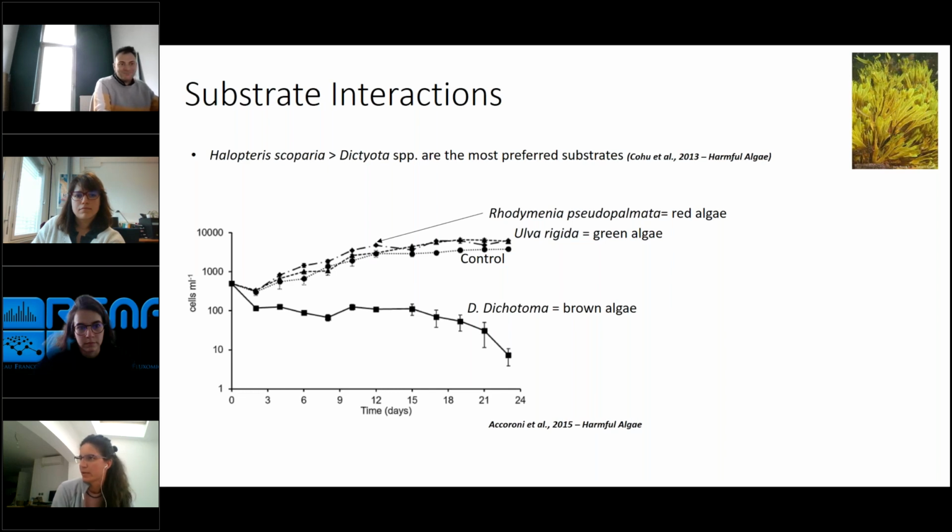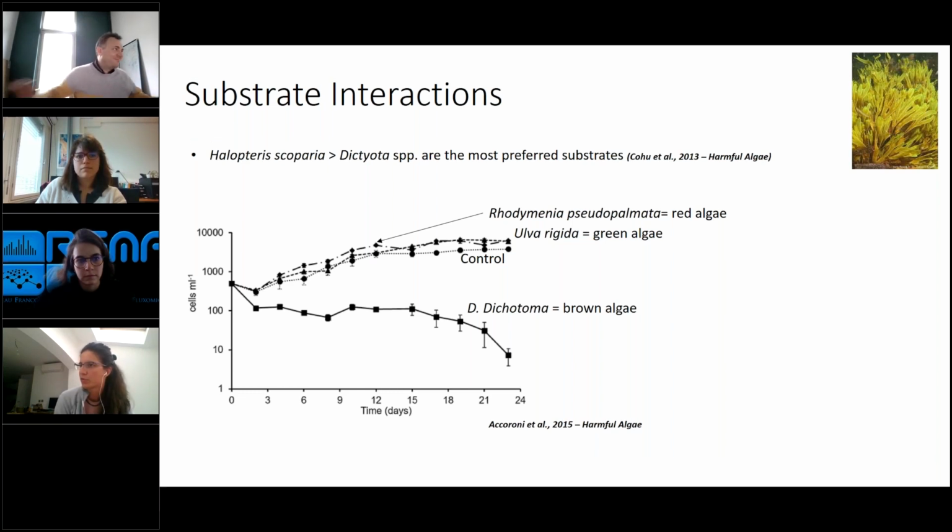So we're going to start with substrate interactions. There were several observations in the field showing that Ostreopsis ovata preferred brown algae as a substrate, like Halopteris scoparia or Dictyota species.